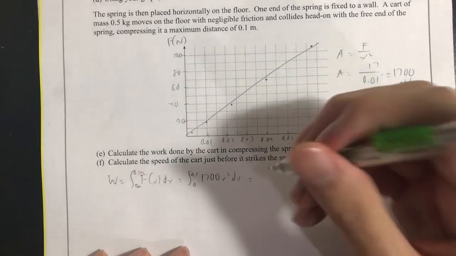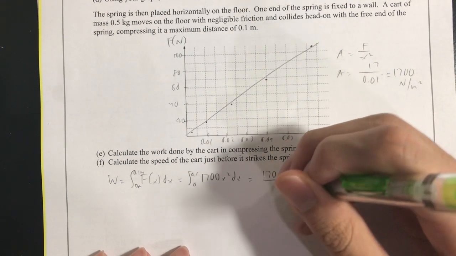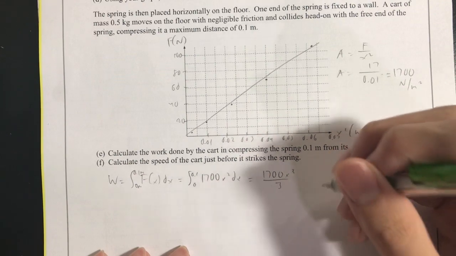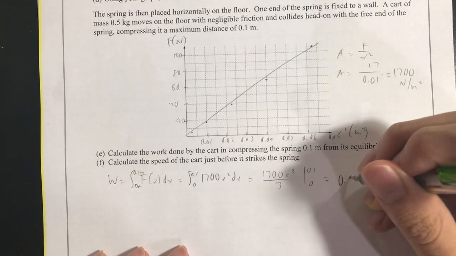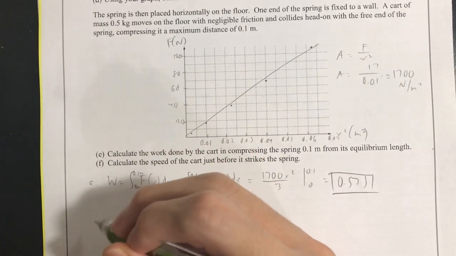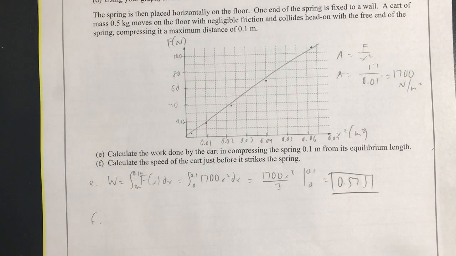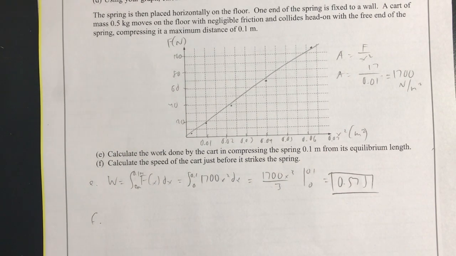If you integrate that, you would get 1700 x cubed over 3 with bounds of 0.1 and 0, which will get you 0.57 joules. That's part E.